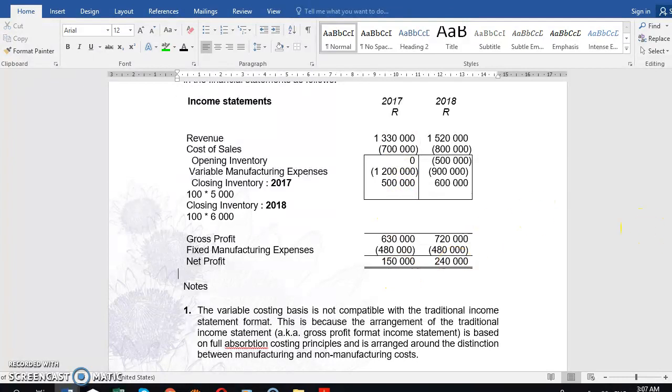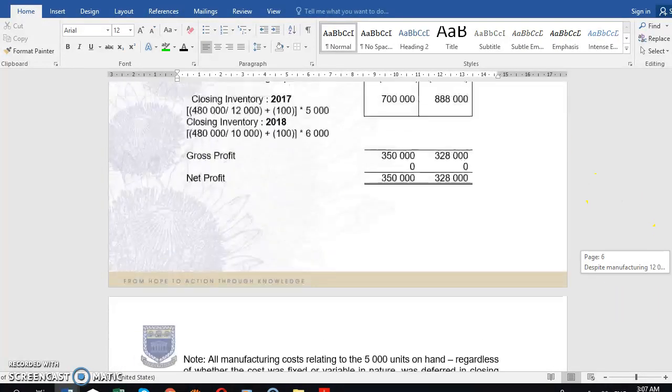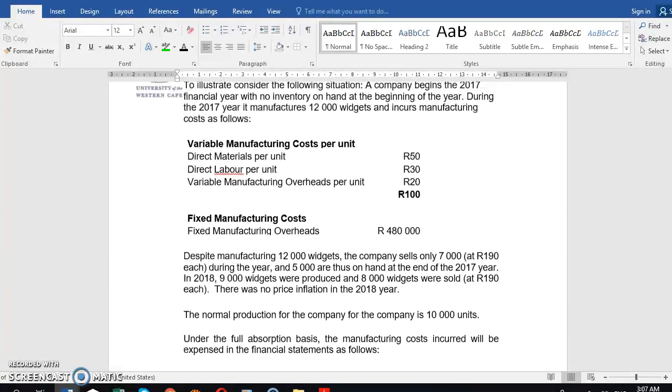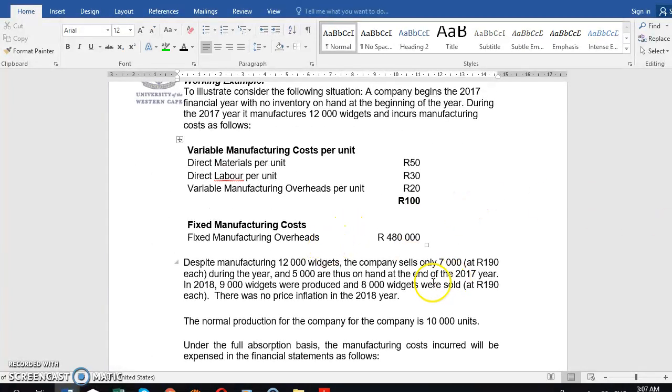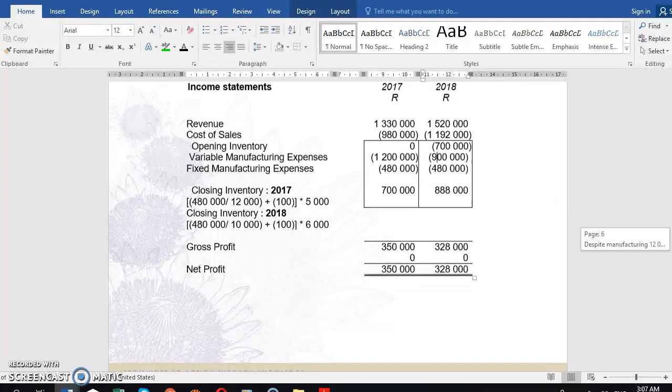Alright. Then if we just do 2018, again, your revenue will be the same as under absorption costing. But just to recap, in 2018 we sell 8,000 units at 190. So that should give you the 1520. This closing inventory becomes next year's opening inventory, and it's negative because opening inventory effectively increases cost of sales, which decreases profit.